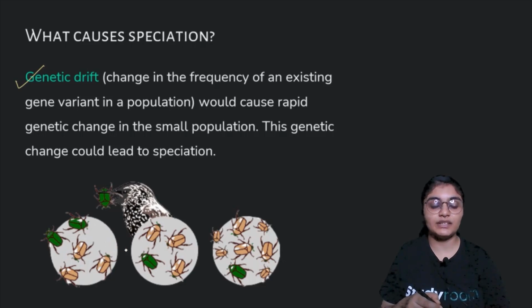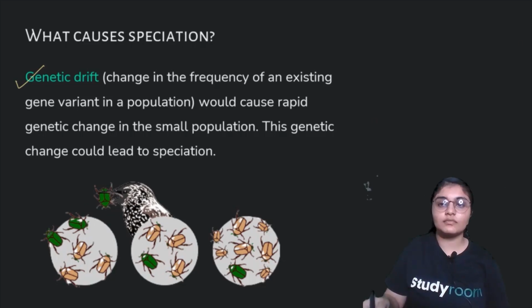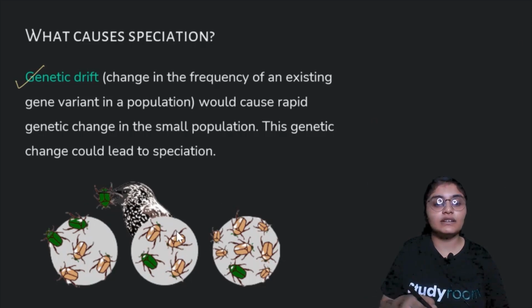and is causing speciation. We have two kinds of beetles here. The first is green colored and the other is yellow colored. So here the green colored beetles are getting eaten up, and they are decreasing in population, and as a result, yellow colored beetles are in more number.